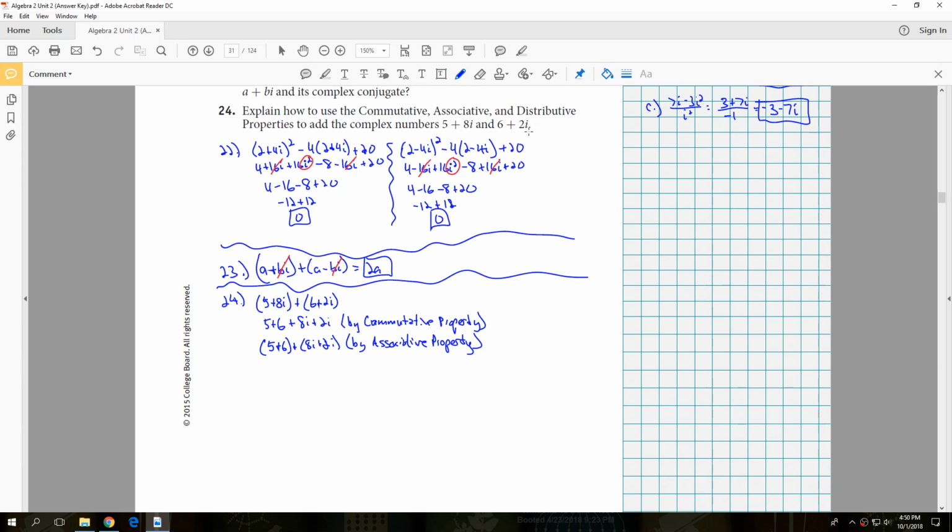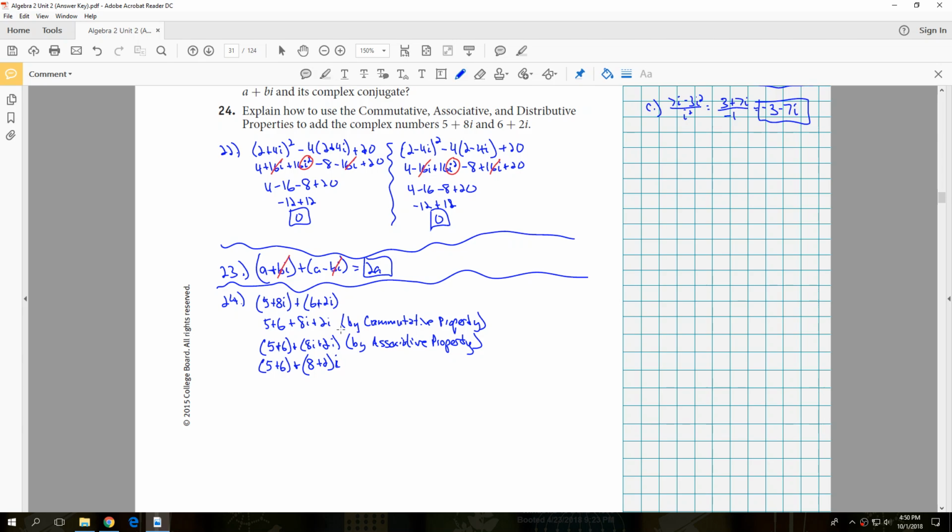And then finally, the distributive property, and actually it's like we would call it the GCF, the opposite of the distributive property. Basically, both of these have i's, and instead of distributing, I'm going to do the opposite of distribution. So this would be 5 plus 6 plus, and I'm going to pull it out, not in front. i usually goes behind numbers, so I'll say 8 plus 2, and then I'm pulling the i out in the back.